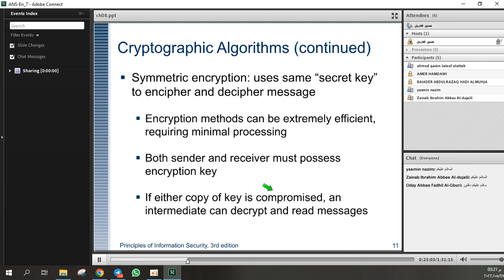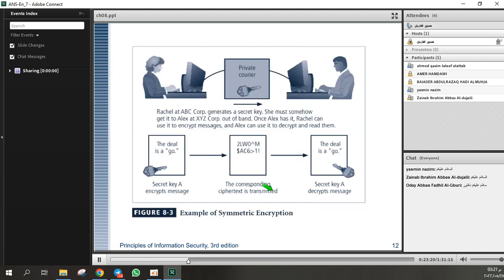If the key is revealed, then the attacker, the hacker, the intruder, he or she can decrypt my messages and read them.